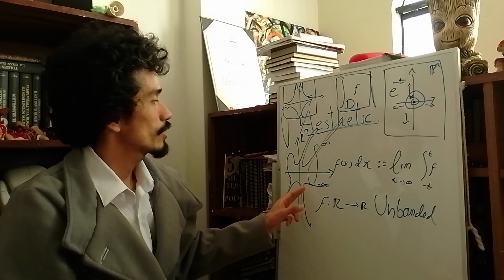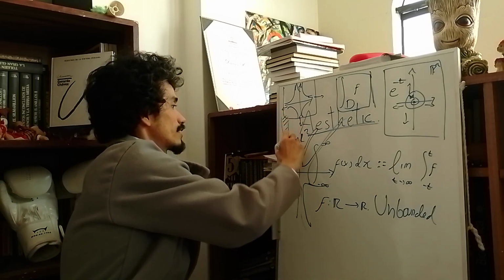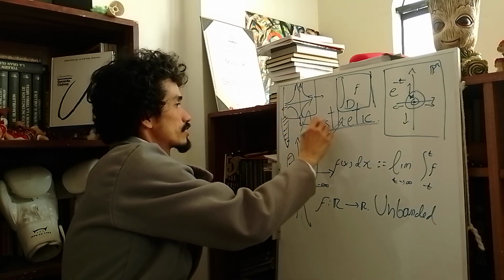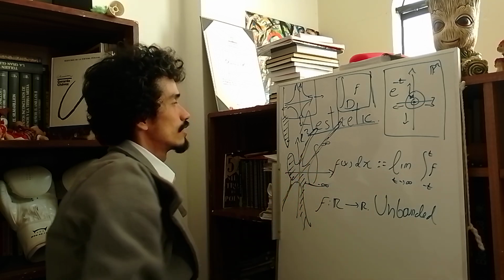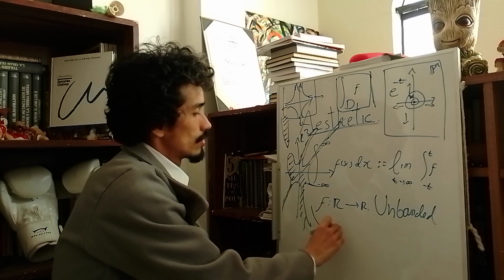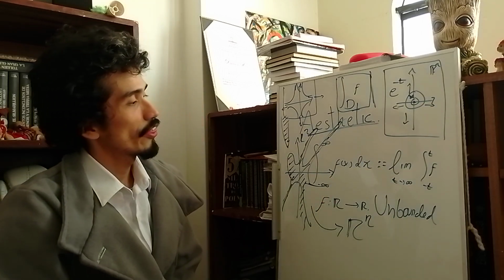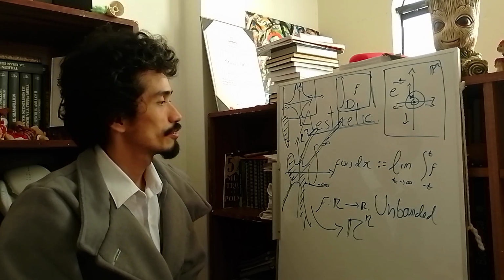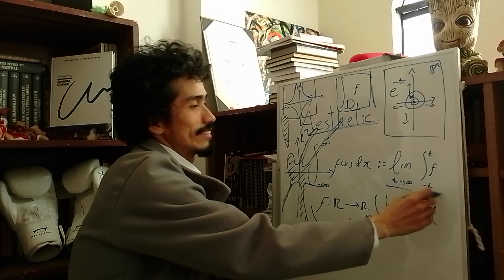But on R2 we start to have some problems, like this weird unbounded domain here, and when you go into higher dimensions, I think it may be impossible to define improper integrals with limits like this.